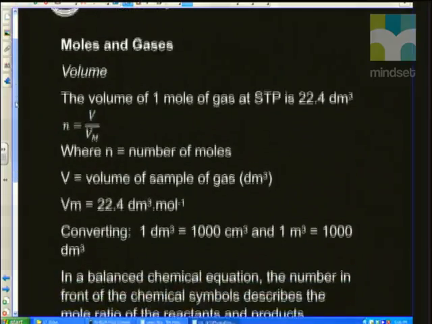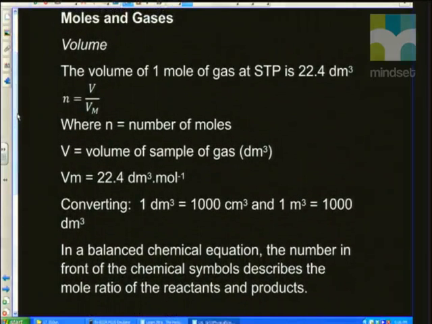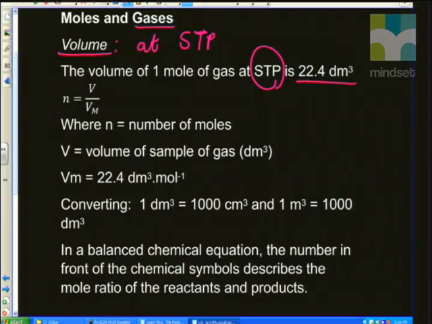Next, when we're talking moles, and this time talking about gases specifically, when we talk of volume, there is a volume that is occupied by 1 mole of a gas at standard temperature and pressure. That volume is 22.4 cubic decimeters.